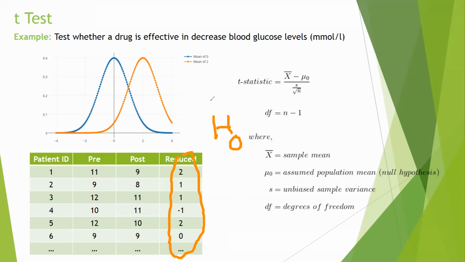The null hypothesis is always the no difference, nothing changed. If the drug is not effective, we should not see any difference between the pre and the post, so this column should be roughly around 0. Do you agree? This is the null hypothesis.